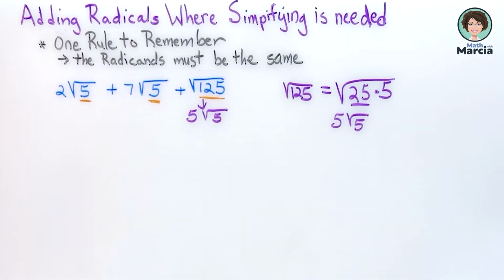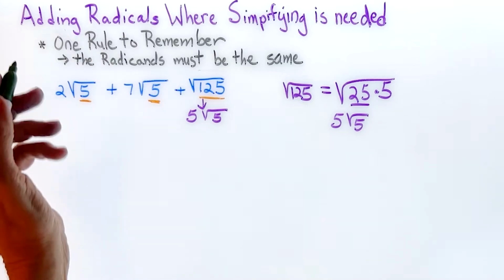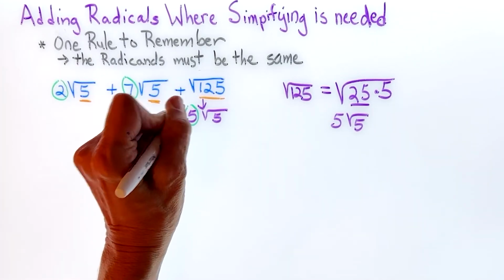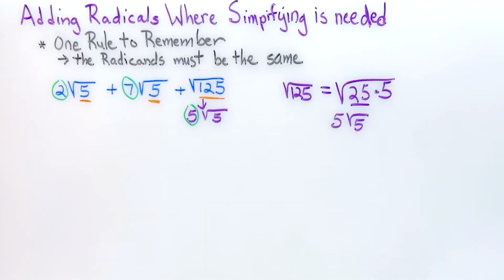So we're going to look at the coefficients now, the numbers in front of the square root symbol, and we're just going to simply add them, because now we see that all of the radicands are 5.